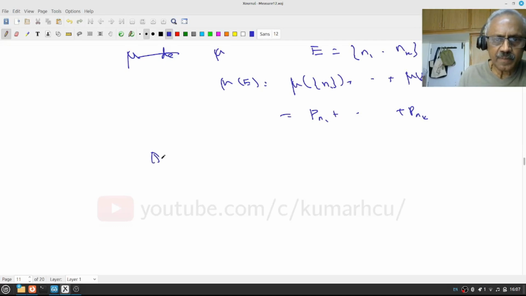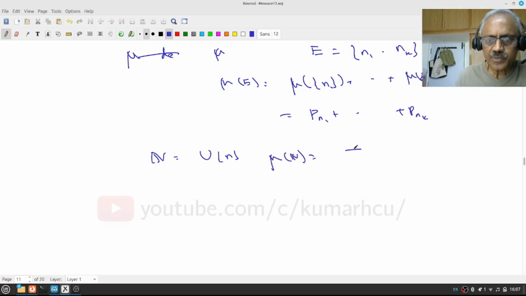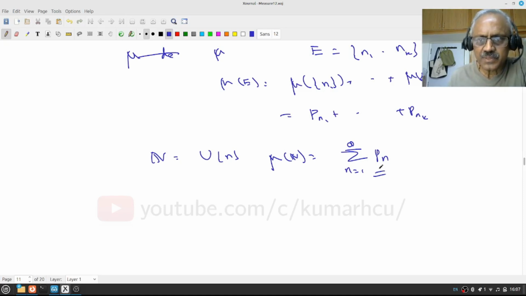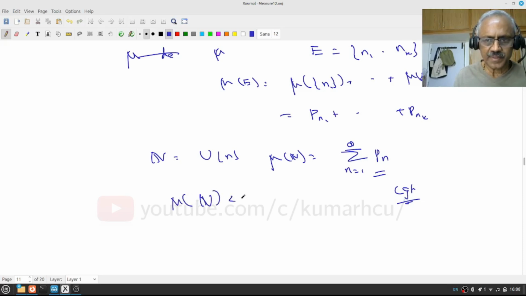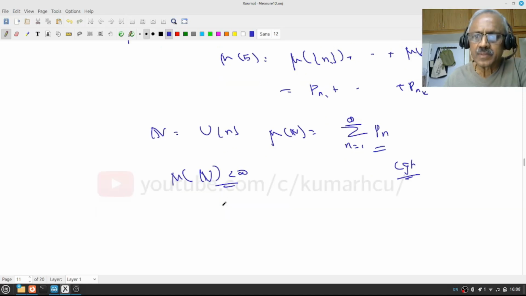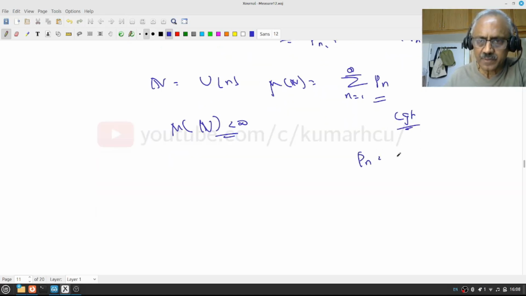Now if I write N as the union of singletons {n}, then mu of N will be the summation of p_n, n equal to 1 to infinity. Notice that these are all non-negative, so if this is a convergent series, then I'll have a finite measure. For example, the simplest choice may be p_n equal to 2 to the power minus n.